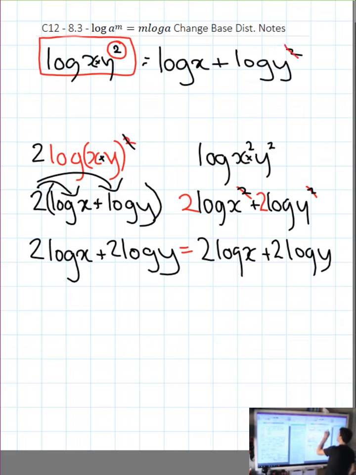Then I could bring this 2 down in front, which is absolutely not equal to any of the examples below. So be careful when you can and cannot move an exponent down in front, or if you should use the addition rule, which we're going to do in the next section, 8.4.